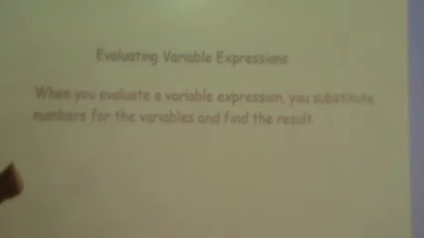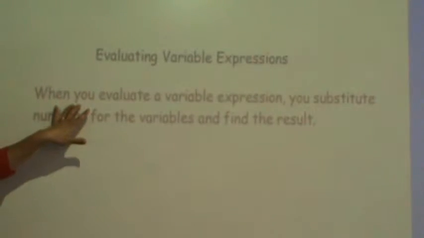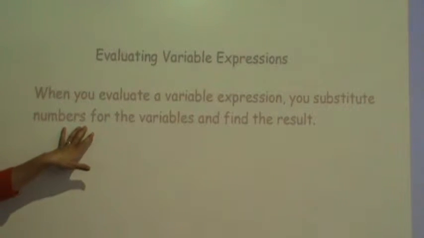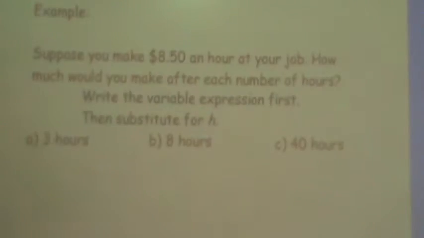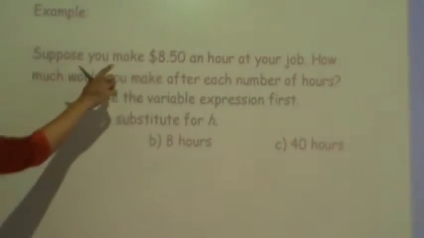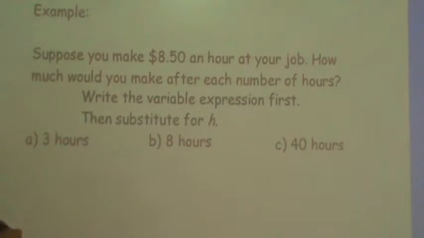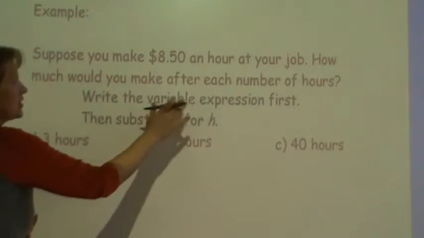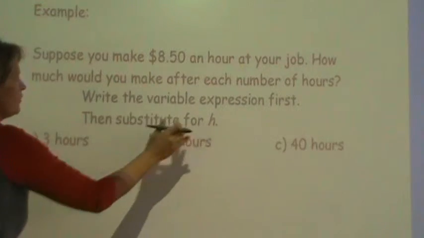Okay, evaluating variable expressions. When you evaluate a variable expression, you substitute numbers for the variables to find the result. So for example, suppose you make $8.50 an hour at your job. How much would you make after each number of hours? Write the variable expression first, then substitute for h.